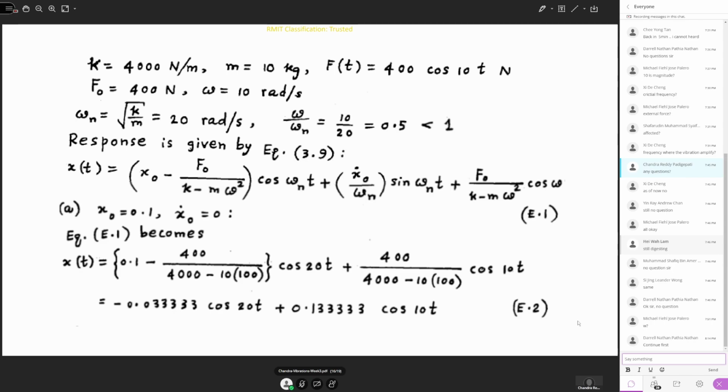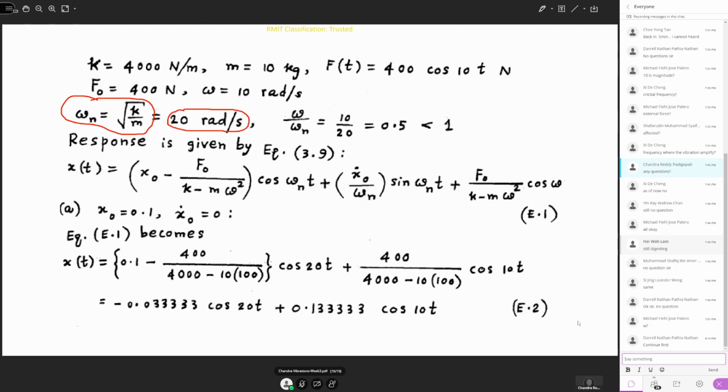The function F is given as 400 cos 10t. So F naught is 400, omega is 10. So you can calculate the natural frequency of the system. Omega n is square root of K by M. So K is 4000, M is 10. So that will be 400, and the square root of 400, you will get 20 radians per second.